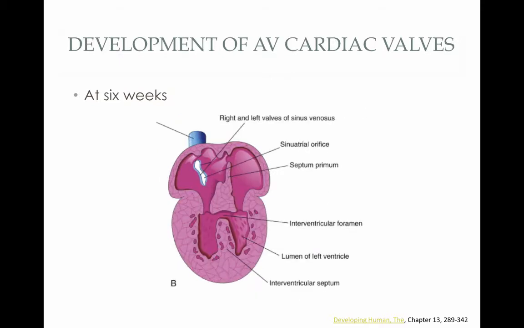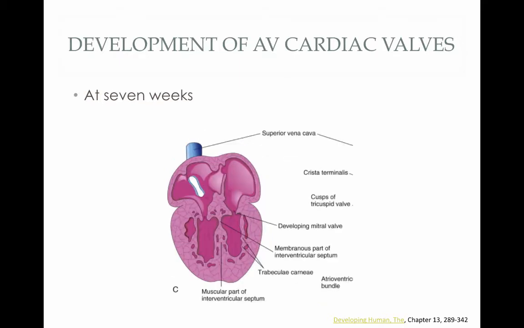And from that, here's at 6 weeks. We can still see other processes going on, but again, we see that these areas are starting to delaminate, right? We still see the communication here between right and left ventricle and right and left atrium, but again, this is the area that is forming the valves.